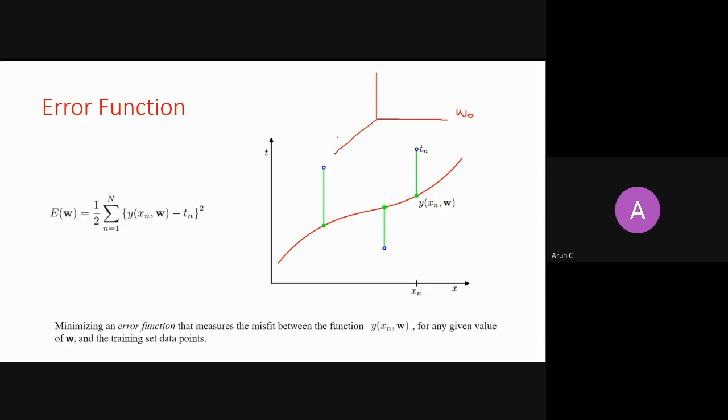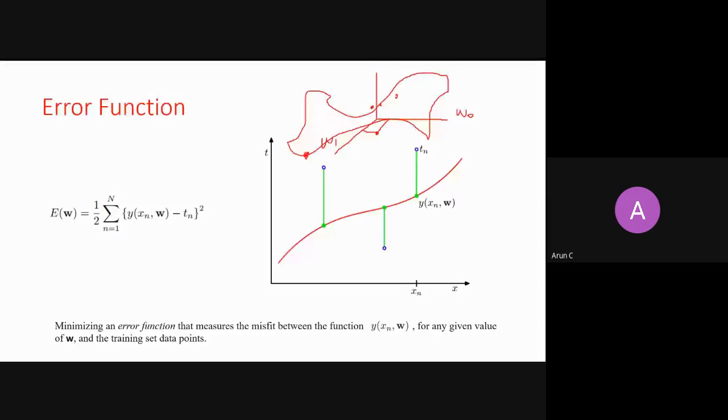I'm saying this is my intercept, this is my slope. And if this is a line, I get some error here. For every point, I am getting some value on this z-axis, and it gives me some surface. And I want to minimize it. So this is the minimum point, let's say here.